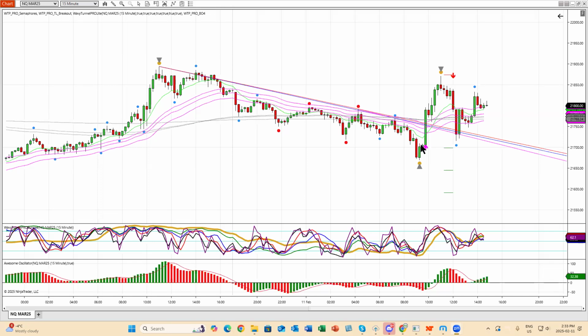I like to gain my perspective to see what's going on, what happened overnight, etc. I actually have a screen where I mark up the overnight ranges as well, but there's just a lot of information on there. But I just want to point out that this right here is a nice consolidation.